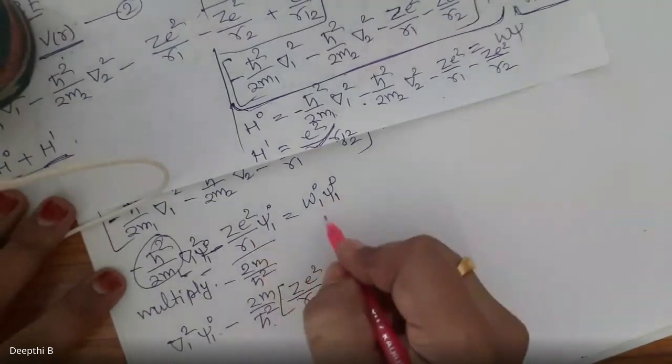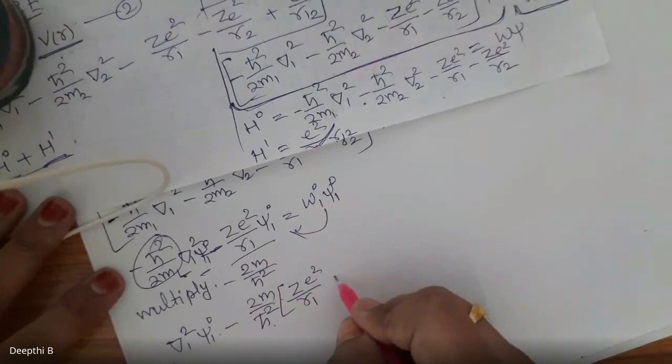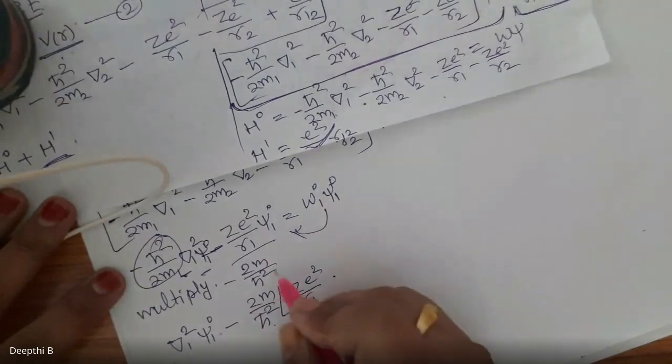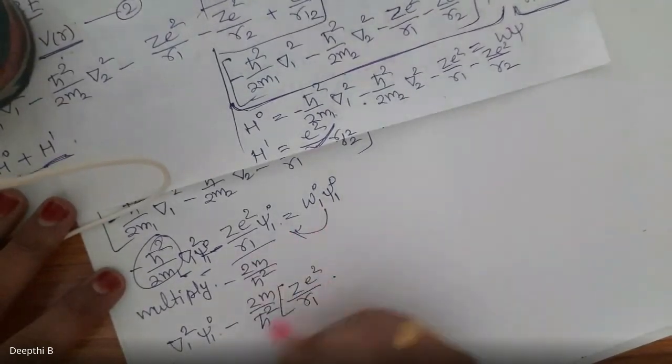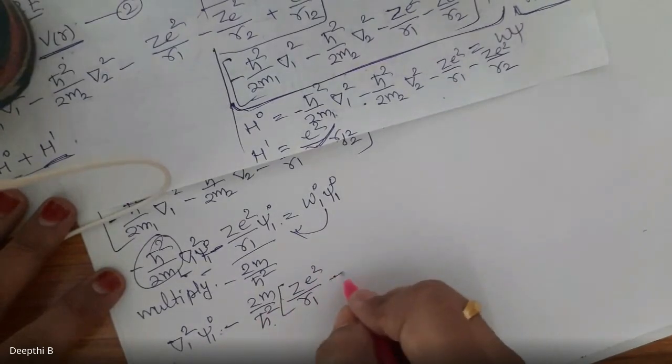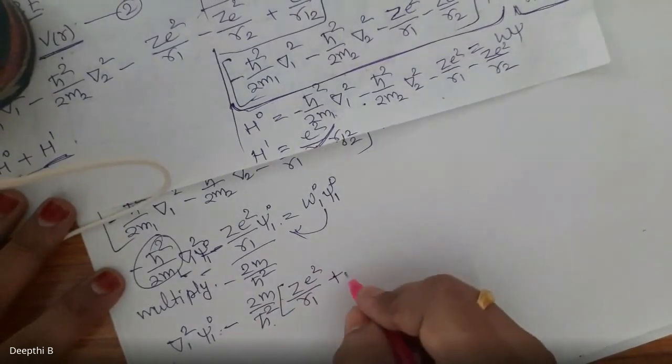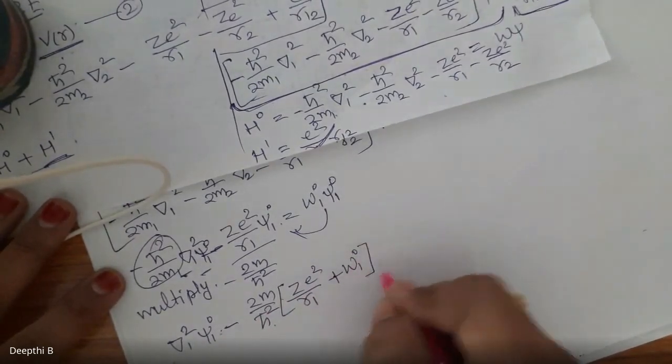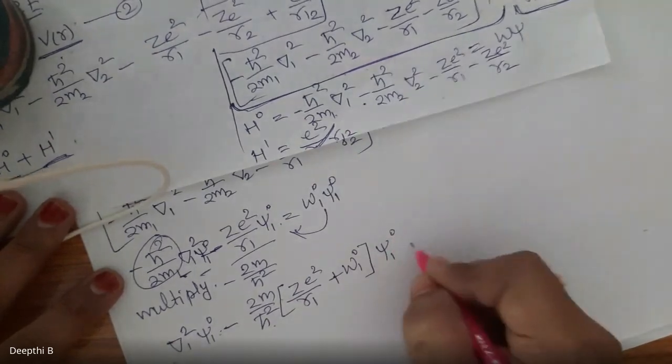This term also we will take to this side. When we take minus common, it will be plus. So plus W1 naught psi 1 naught is equal to 0.